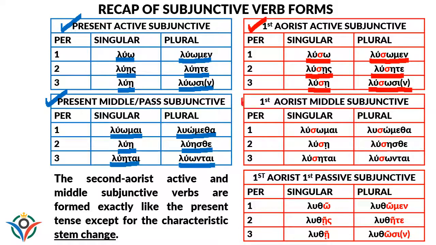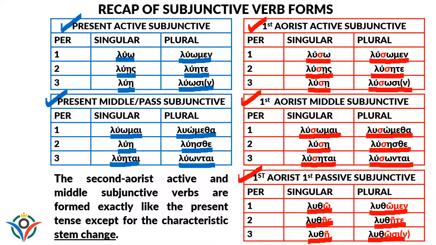And now the first aorist middle subjunctive forms, we have lusōmai, lusēi, lusētai, lusōmetha, lusēsthe, lusōntai. And then we have the first aorist passive subjunctive forms, beginning with luthō, luthēis, luthēi, luthōmen, luthēte, and luthōsin.